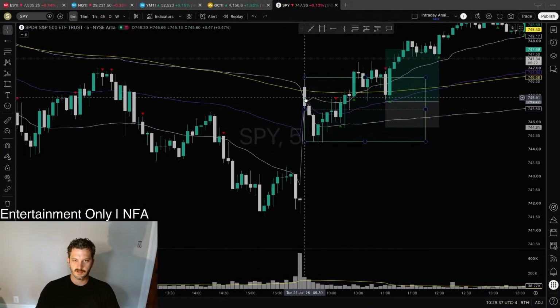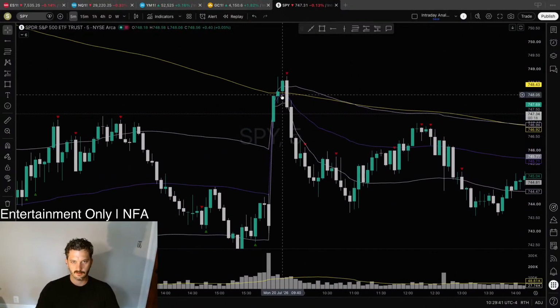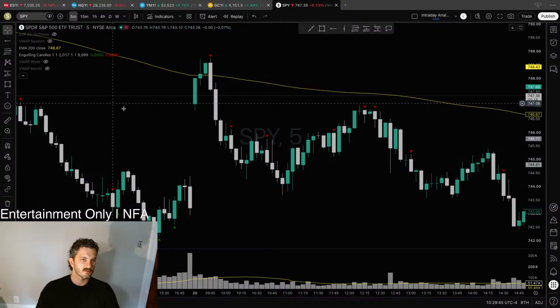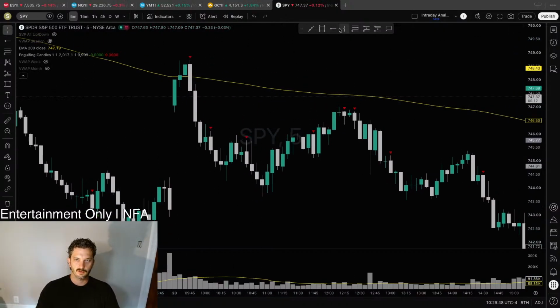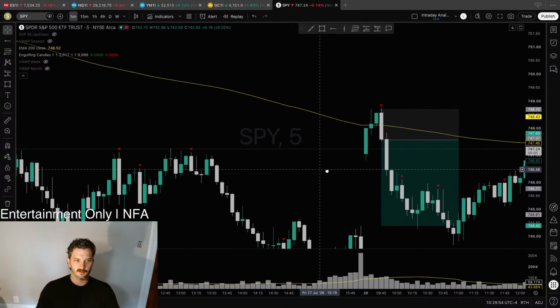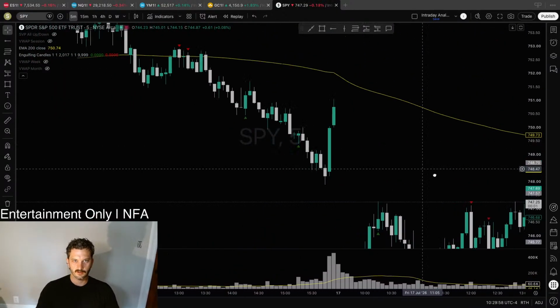I guess yesterday was a gap down, did not work in the slightest. Right here, look at that. Boom. Price opens up, rejects 200 EMA with a gap up. Look at that. Just strategy city over here.